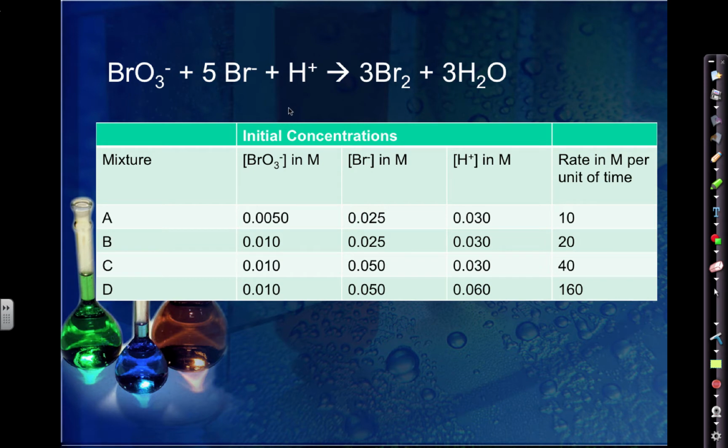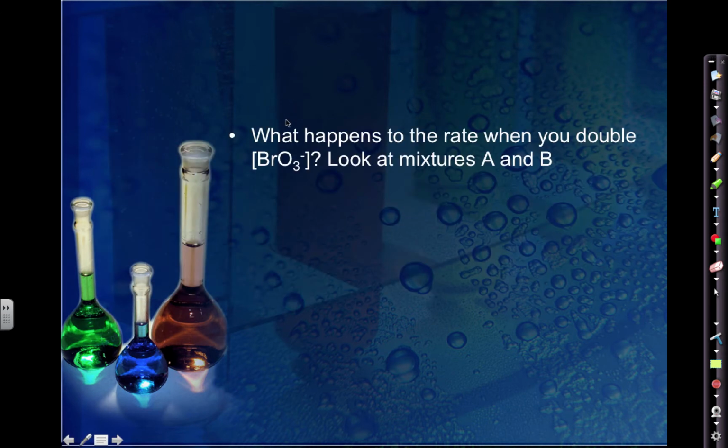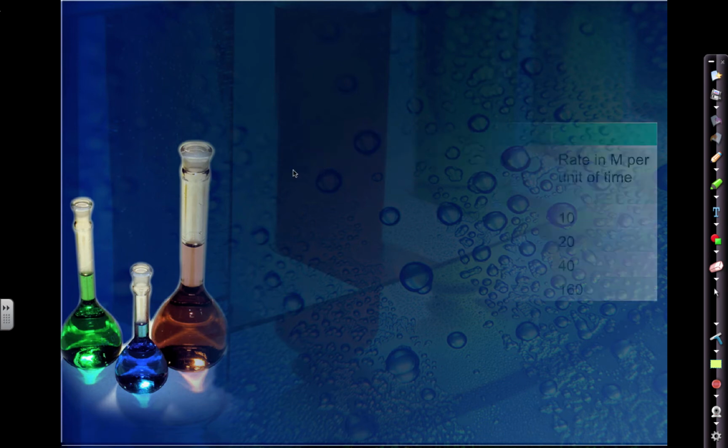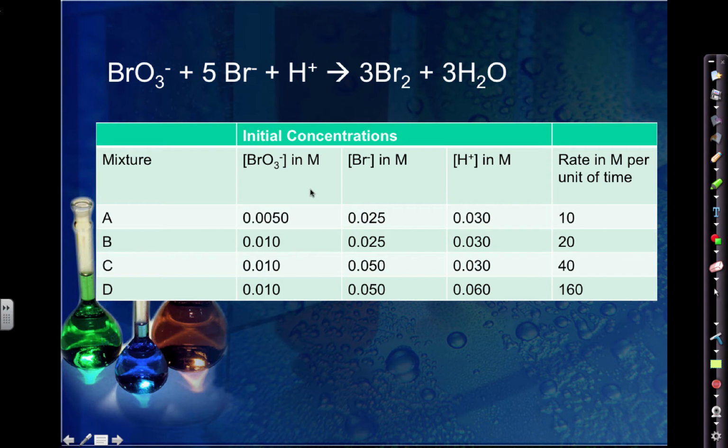Alright, so let's look at what happens to the rate when I double BrO3. I'm going to look at mixtures A and B. When BrO3 is doubled, so the concentration of BrO3 is doubled, Br was kept the same, H was kept the same, so we only changed the concentration of BrO3.